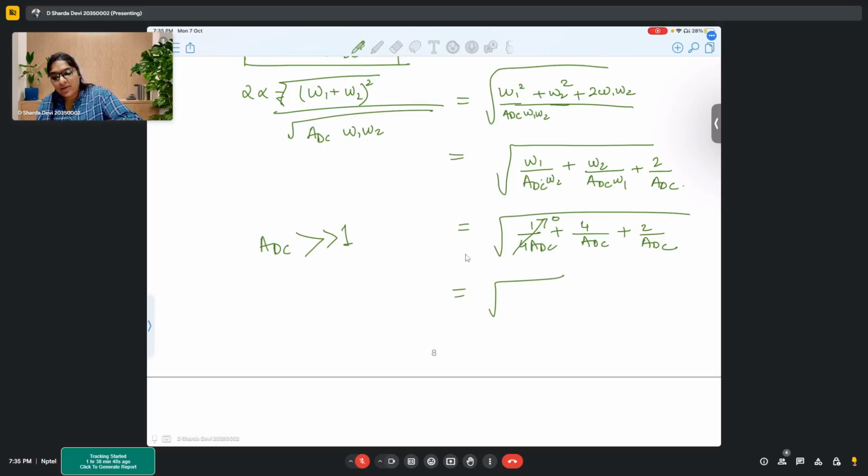So overall, by using all of these and simplifying the expressions, at the end what we come across is that alpha becomes almost equal to 1.